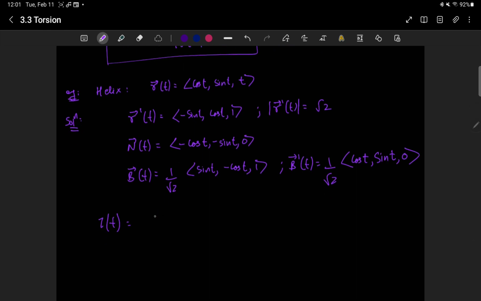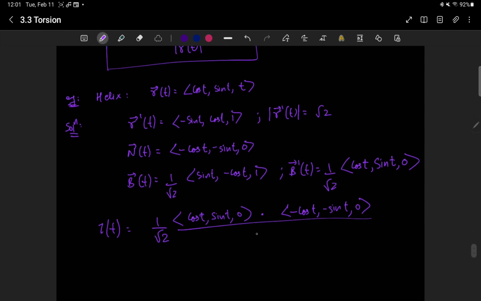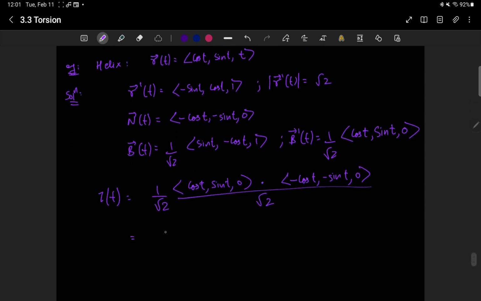So what do I have here? I have 1 over root 2 times cosine t, sine t, 0, dotted with negative cosine t, negative sine t, 0, which is N, divided by the magnitude of r prime, which is root 2. So this is 1/2. The dot product is a scalar quantity, so it's going to go component-wise.